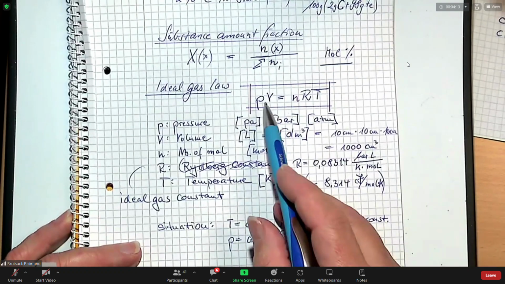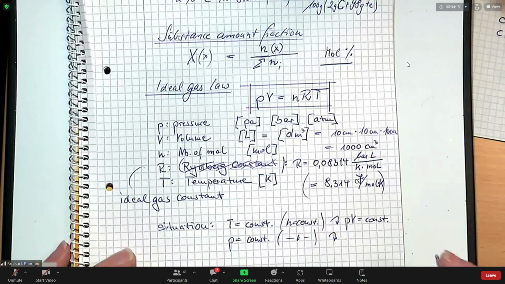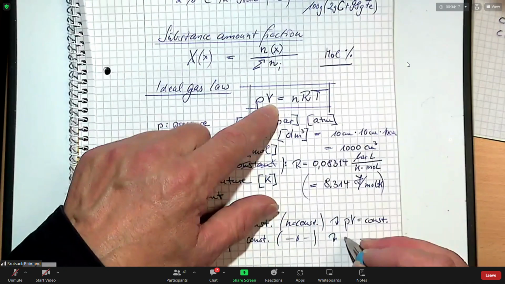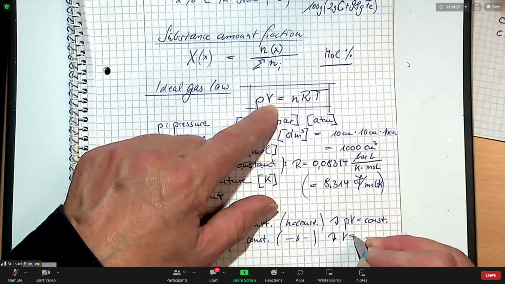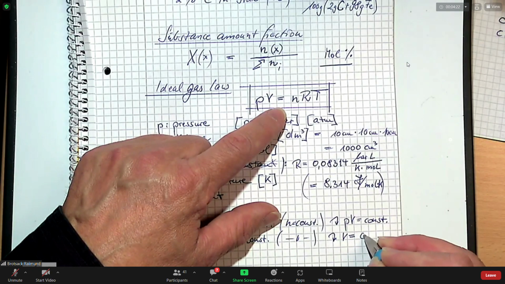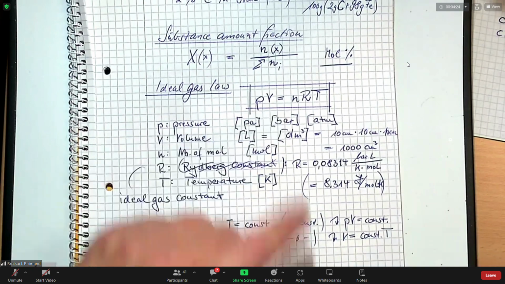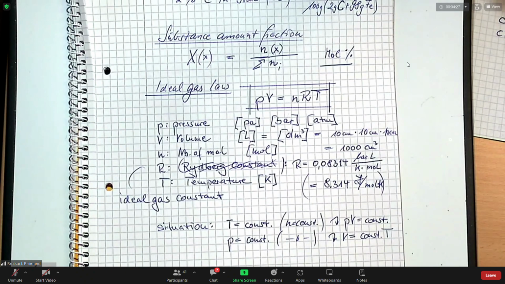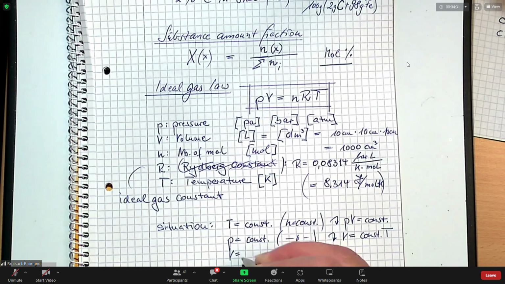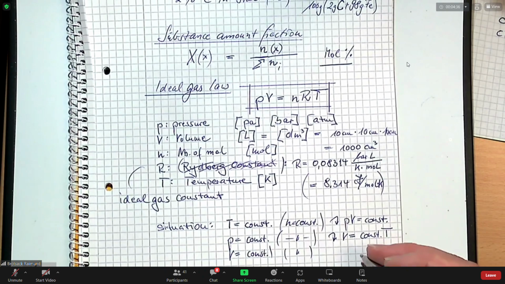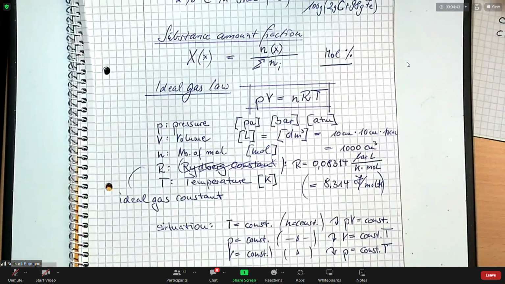Then the volume is a constant times T. If volume is constant and N is constant, then P is a constant times T. Yes?